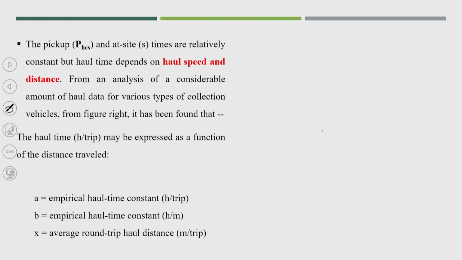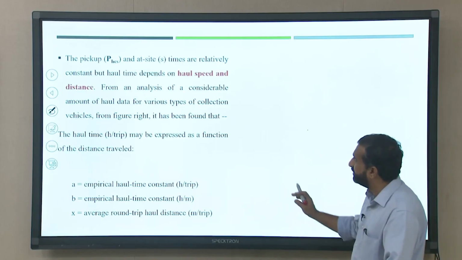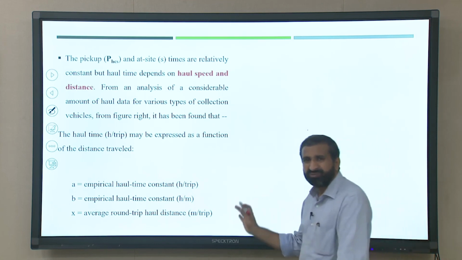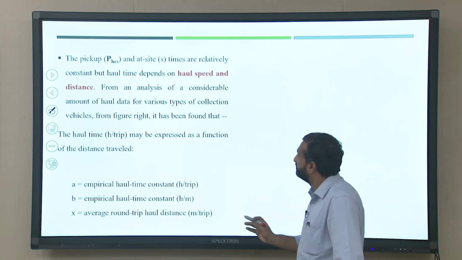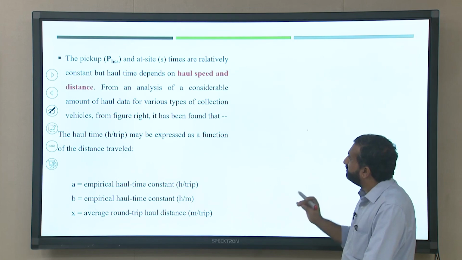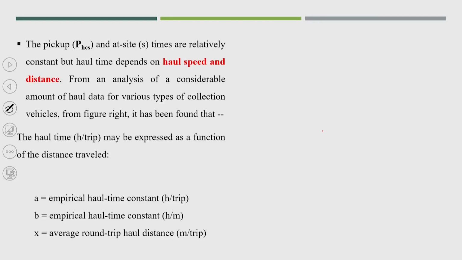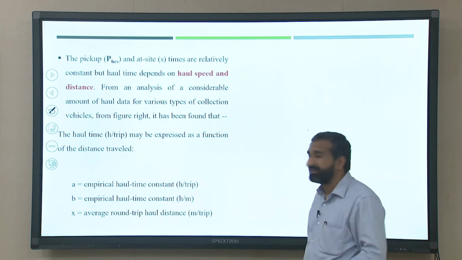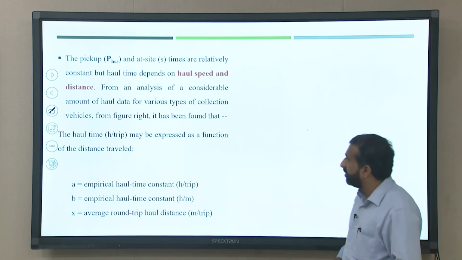Now, next is the at-site time. The at-site time, that is, how much time will be required to empty the container at the disposal site or recycling facility, is relatively constant; you almost know how much time will be required in that case. But the haul time depends on haul speed and distance. What is the distance from that particular location or from different locations, and the speed is also important to find out the haul time.